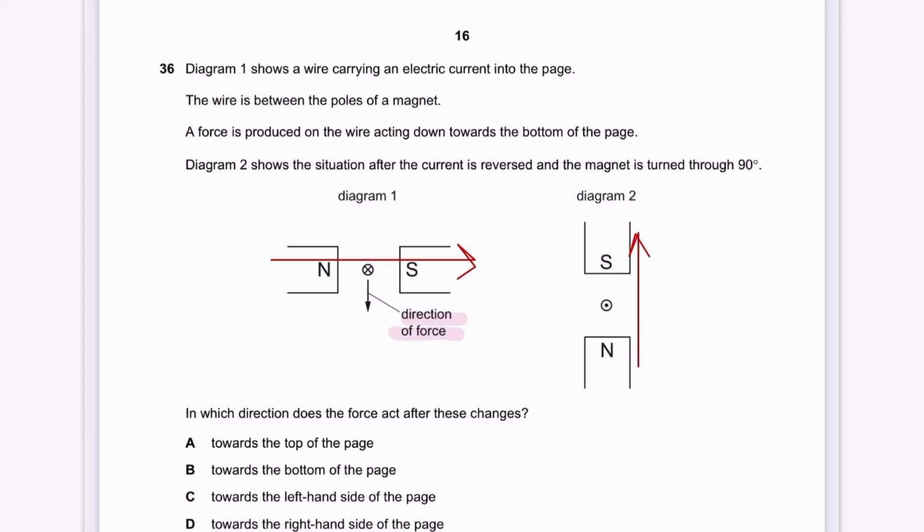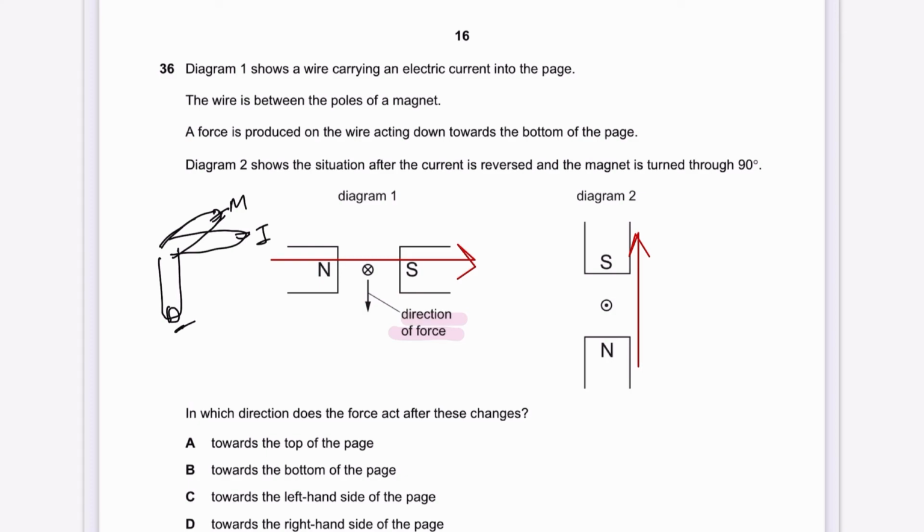Now if I were to draw your hand, and we're looking at diagram 1, this is your index finger, the finger you point with. This is your thumb, pointing downwards, and this will be your middle finger.